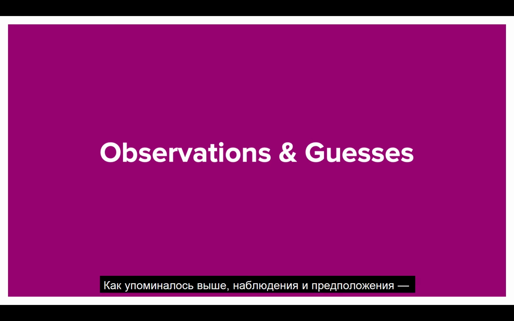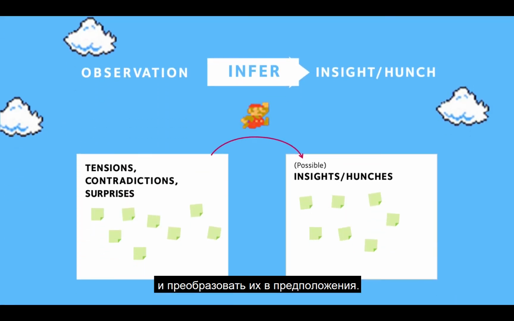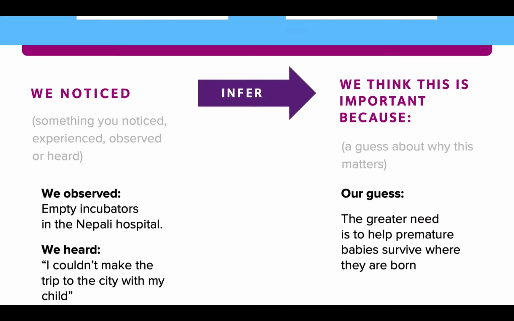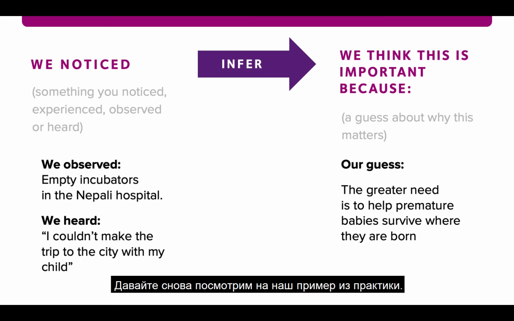So as I mentioned, observations and guesses is a tool that helps you to highlight compelling observations and translate these observations into guesses. This diagram shows that we are trying to jump from observations on the left side to insights on the right side. Let's again look at our example from the case study.